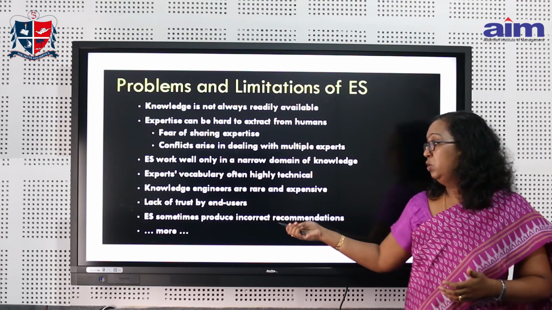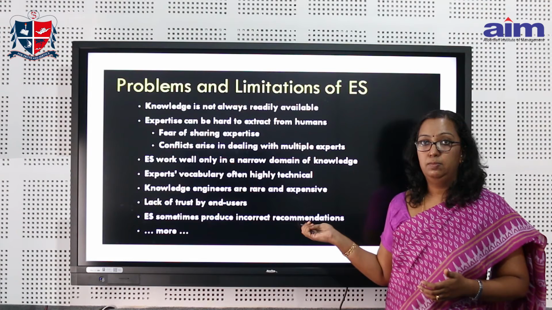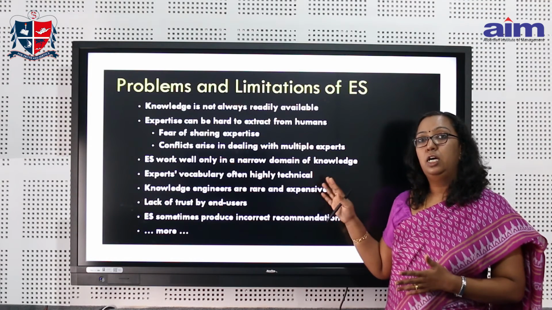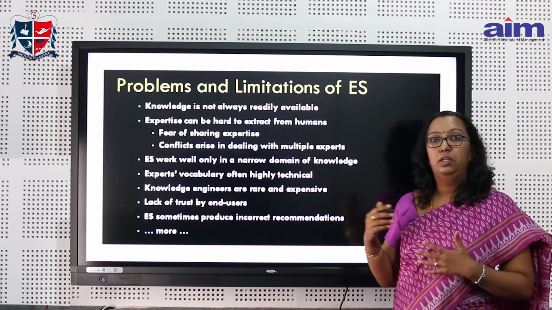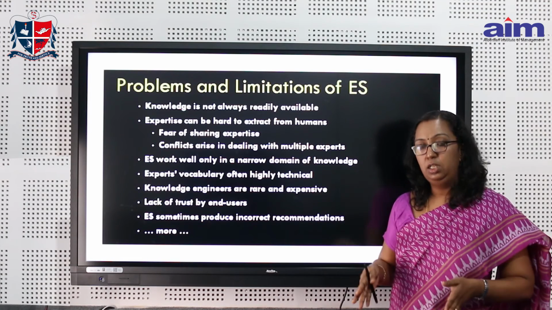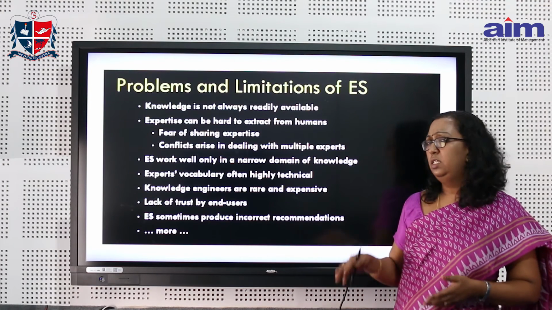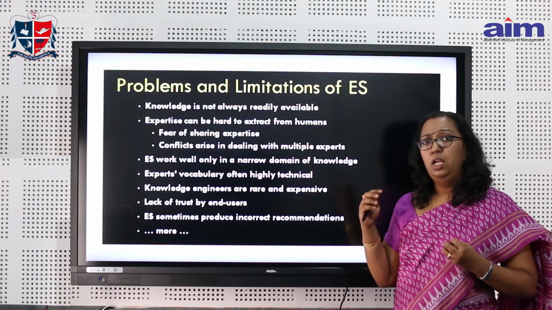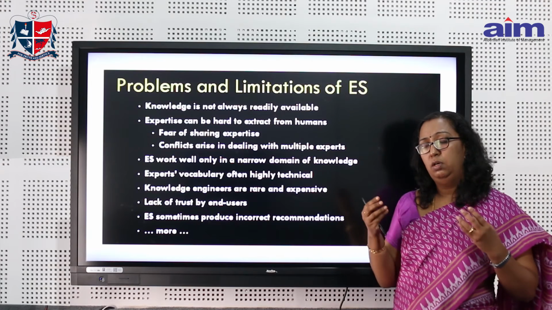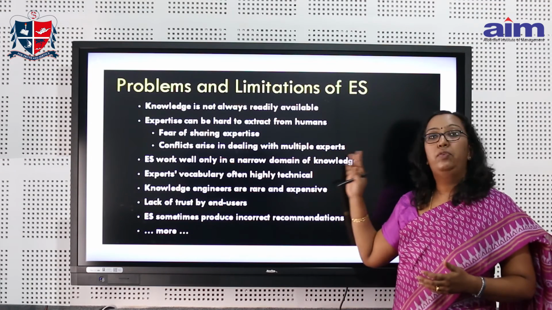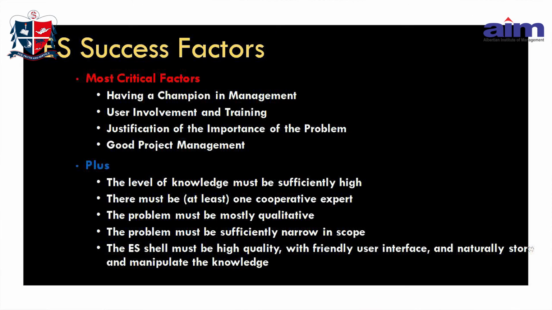Yes, it sometimes produces incorrect recommendations. It works on certain principles by the inference engine. If something wrong happens in the inference engine, that can affect the solution part. Right? These are some of the very few, or rather important, problems of expert systems.